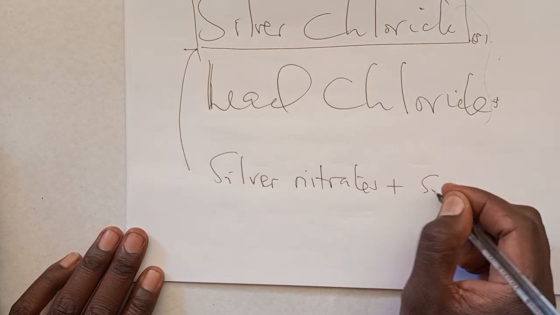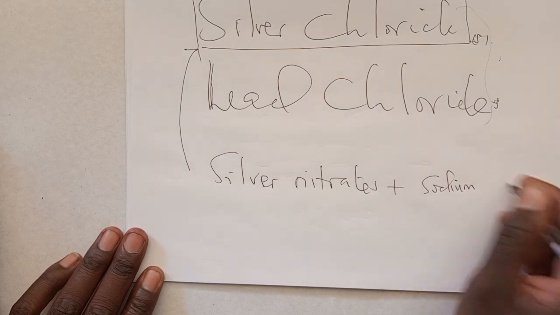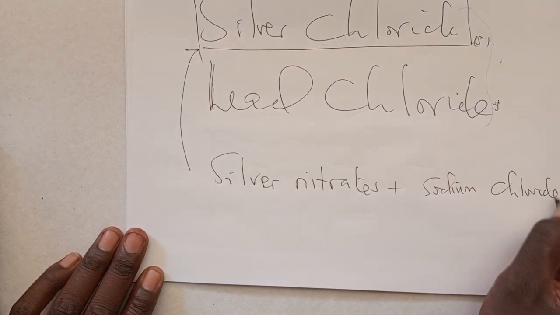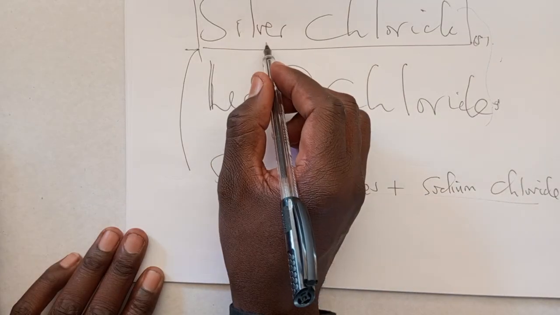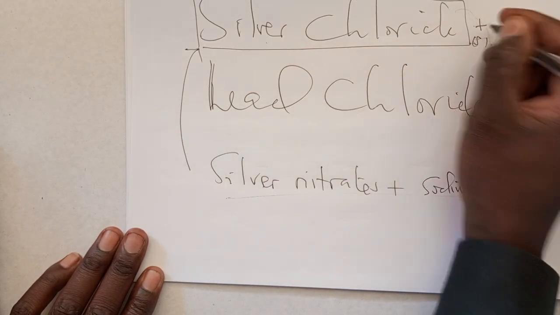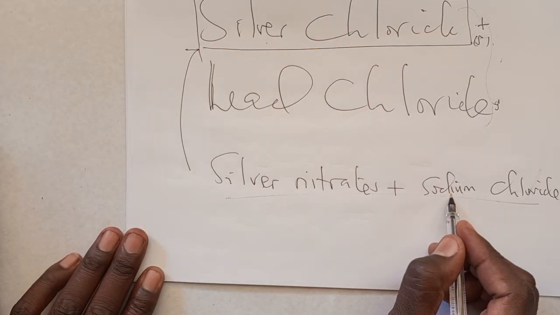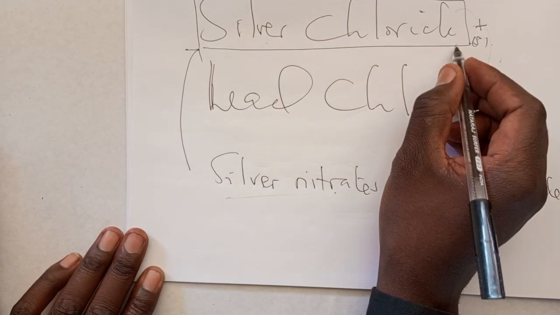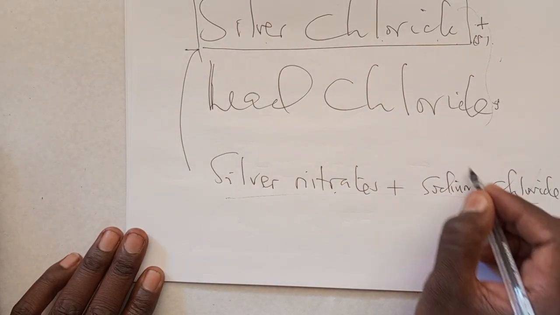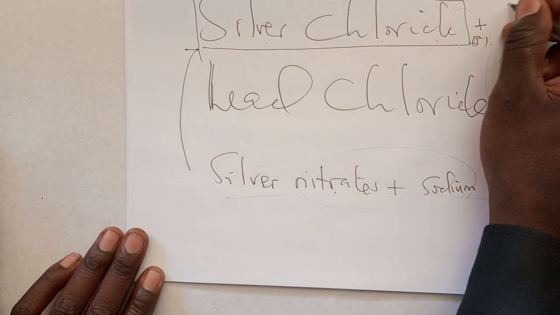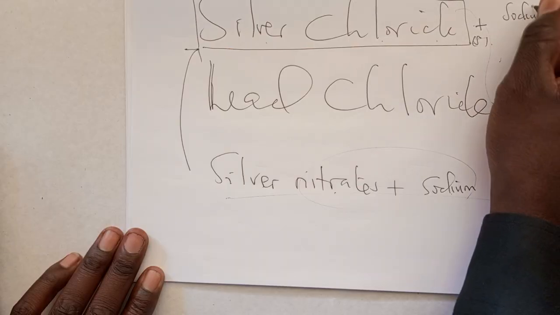The other one is sodium chloride, which is table salt basically. When you react these two, they are going to give you silver chloride, which is a solid, the precipitate in this case, plus sodium nitrate as another product.